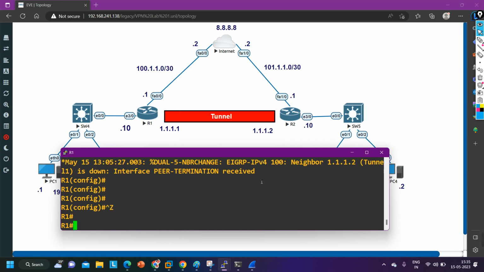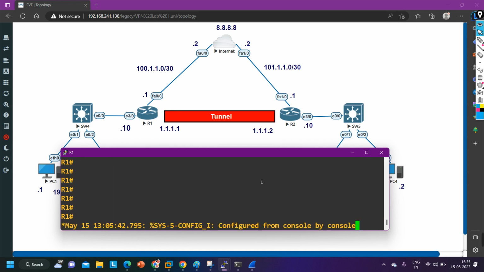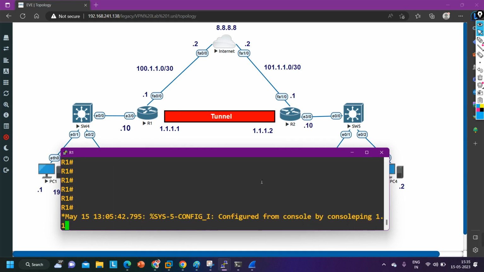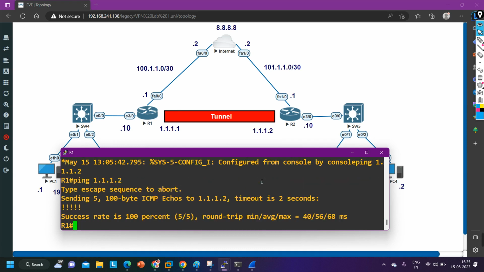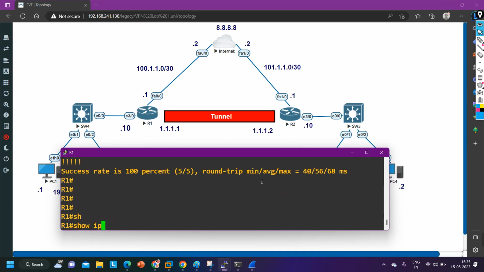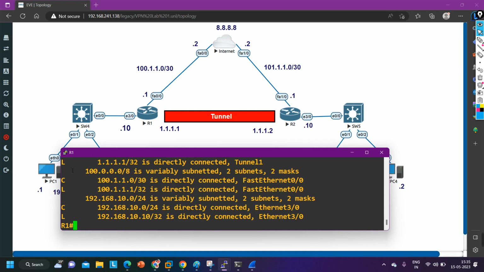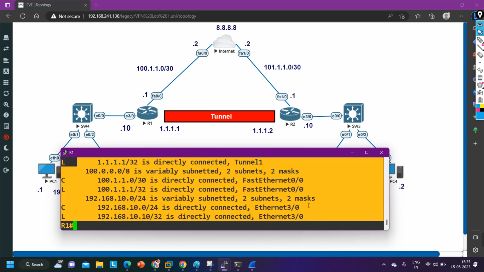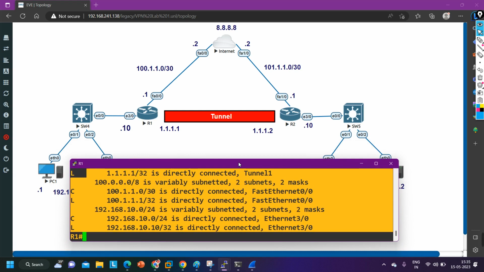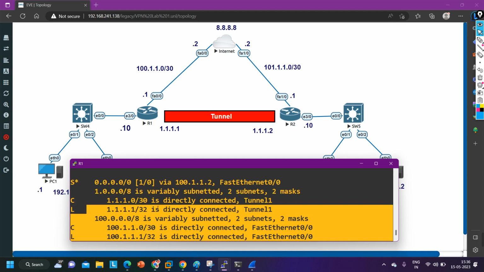So the tunnel interface is here. I am able to ping my tunnel interface, 1.1.1.2, right? But check the IP route. Now the 20 network, 192.168.20.0, is not available in the routing table of router 1. How can router 1 forward traffic towards the 20 network? Is it possible?